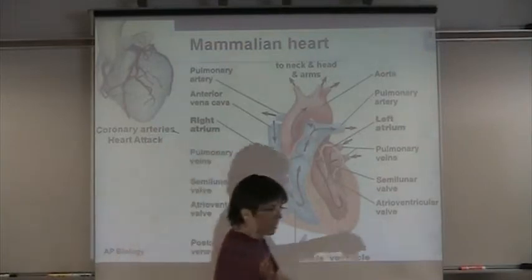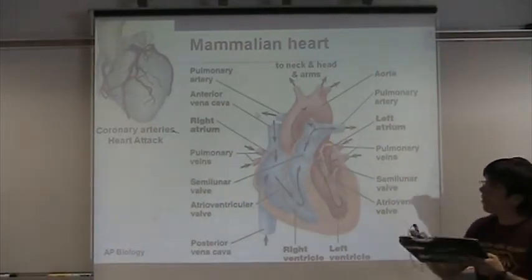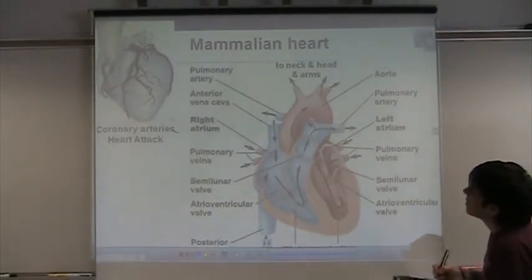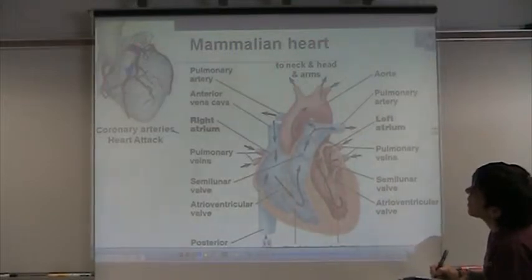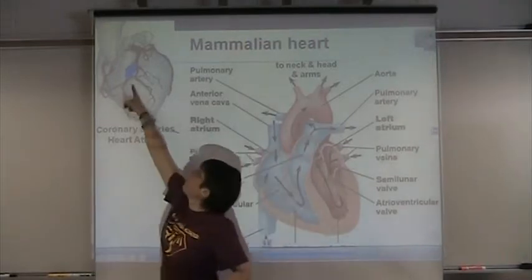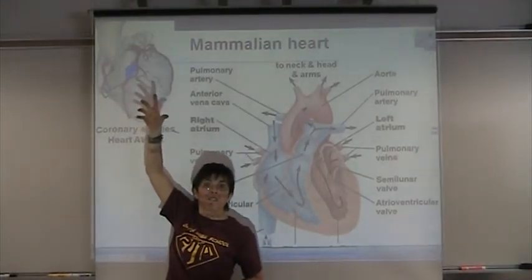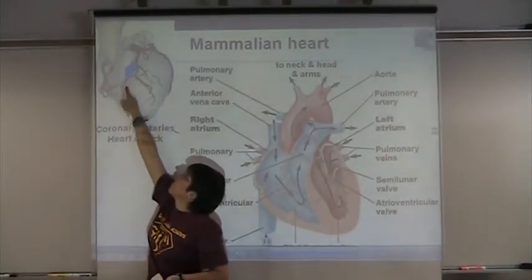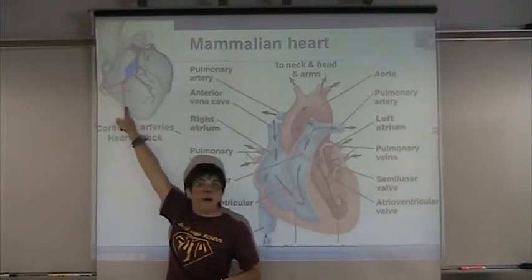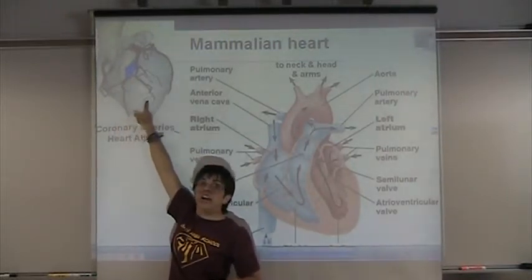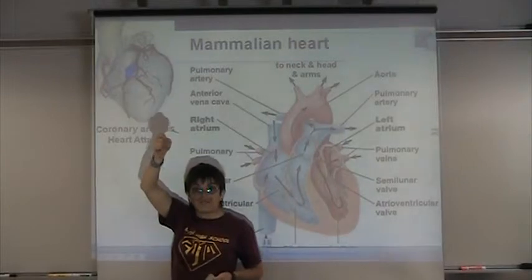Now, what happens when this coronary artery, because you have a lot of deposition of fat or whatever, gets blocked right there, for example? If that coronary artery gets blocked, basically there is no blood coming to this lower part of the heart. And here are the ventricles, the squeeze.